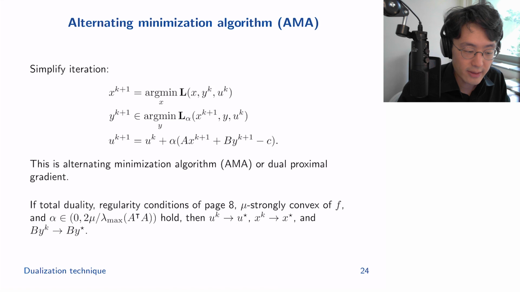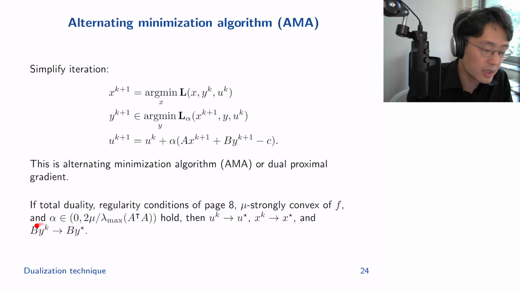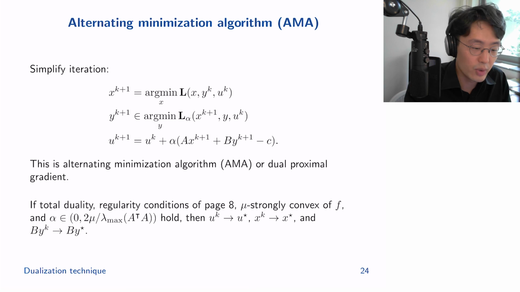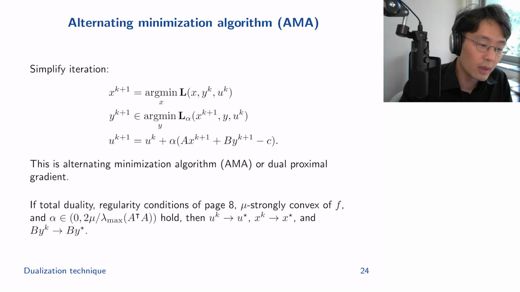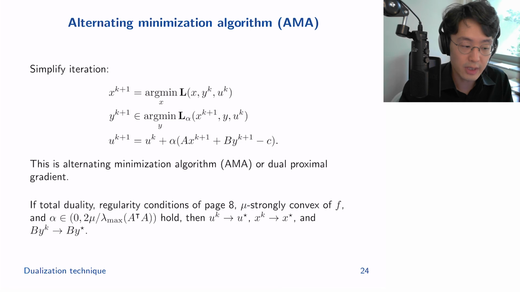And when that's the case, it's not reasonable to expect the y iterates themselves to converge. But once we multiply B to the yk iterates, then we do expect that matrix vector product to converge to By star. However, in the setup of AMA, the x iterate is uniquely defined through the argmin due to the strong convexity assumption. So in this case, we can expect the xk iterates themselves to converge to x star.